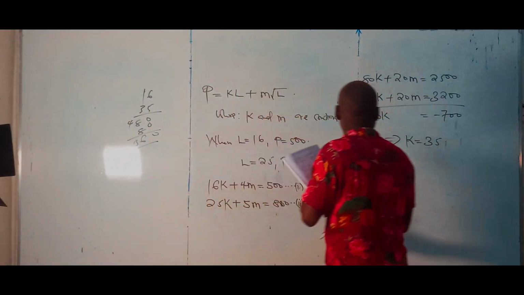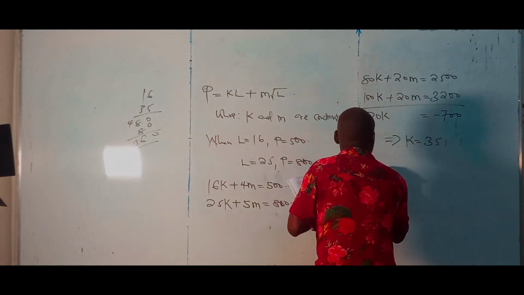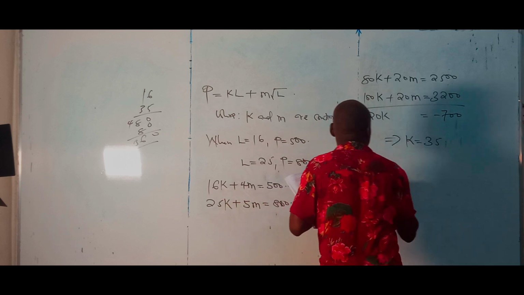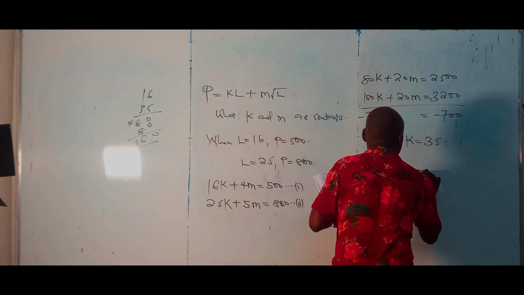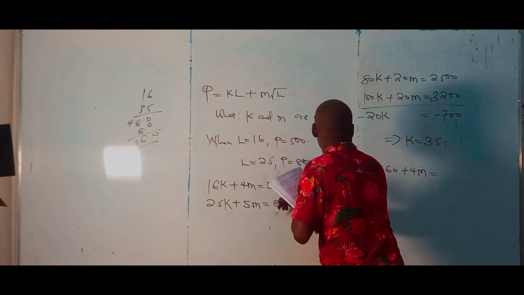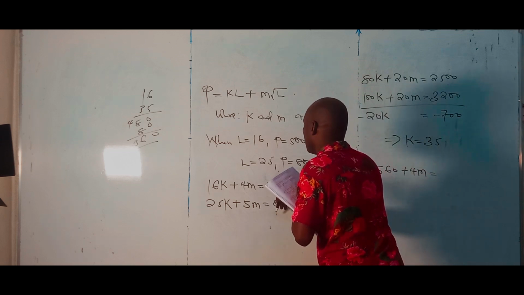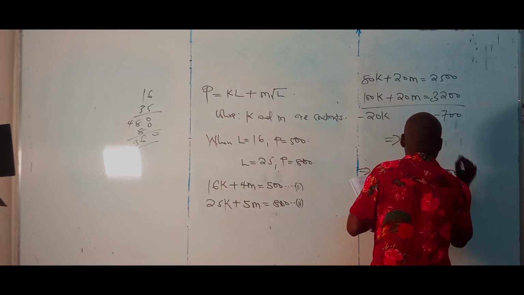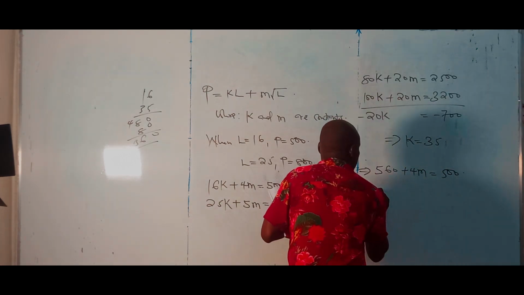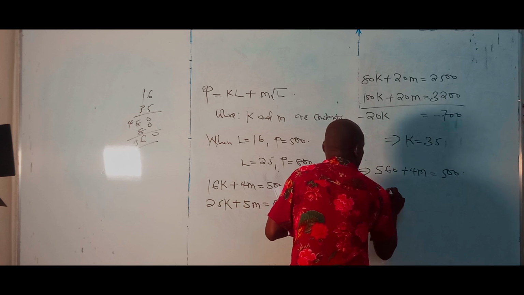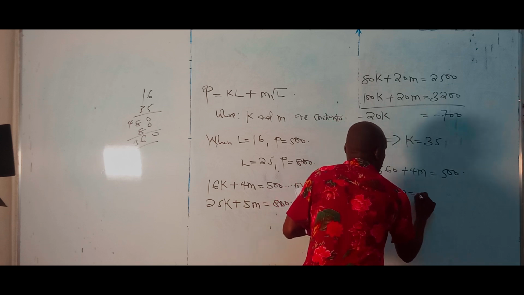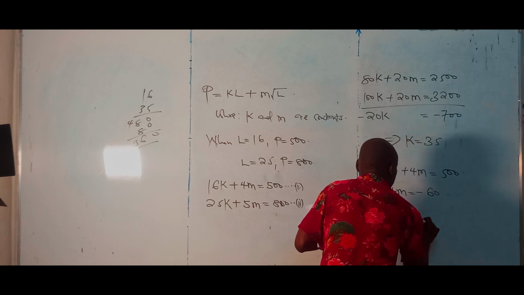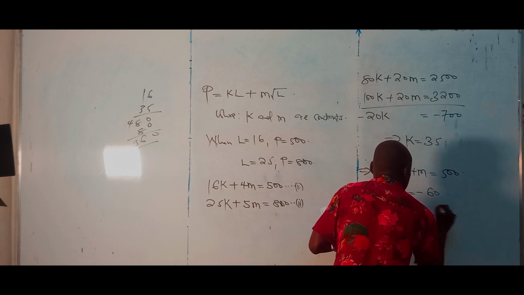So I will have 560 plus 4M is equal to 500, implying that 4M is equal to minus 60. Therefore, M is minus 15.